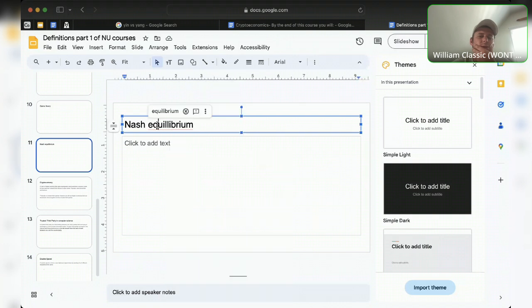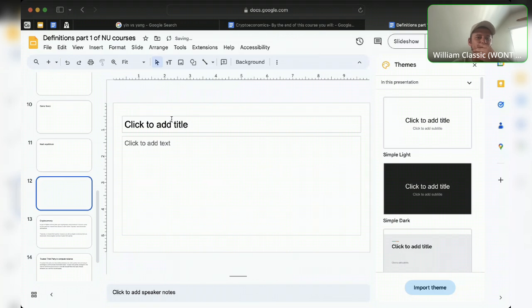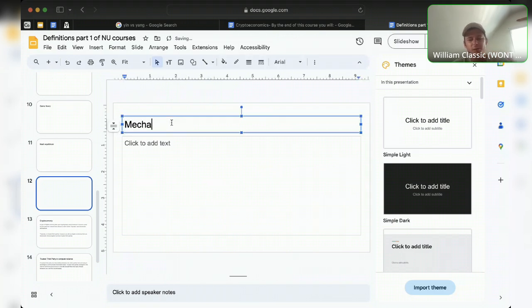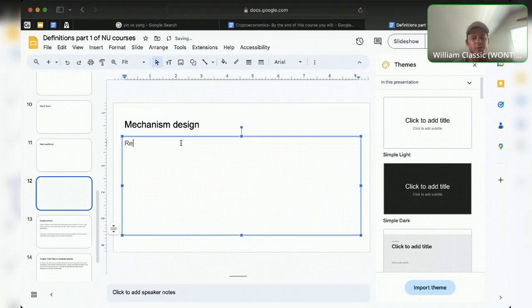What else do I need? Mechanism design, which is just reverse game theory. Building incentive structures to achieve a particular goal.